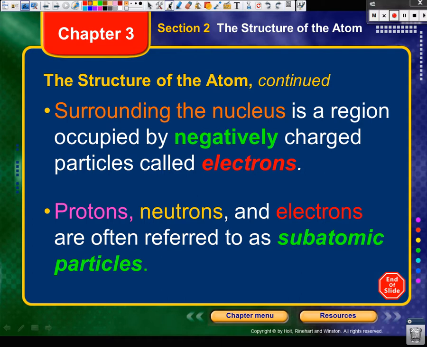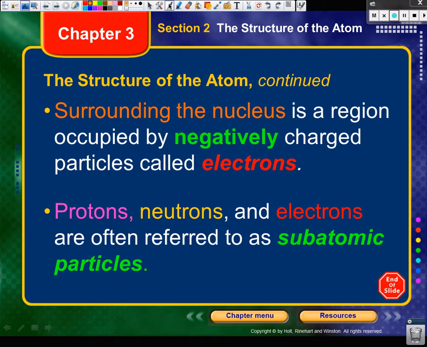Now, this is something I think you know, but I want to make a point of emphasis here. On the test or on worksheets or in the language that we use, if you ever hear me say the words subatomic particle, I'm talking about those 3 things. It's just like a vocabulary word. What are the subatomic particles? Protons, neutrons, and electrons.